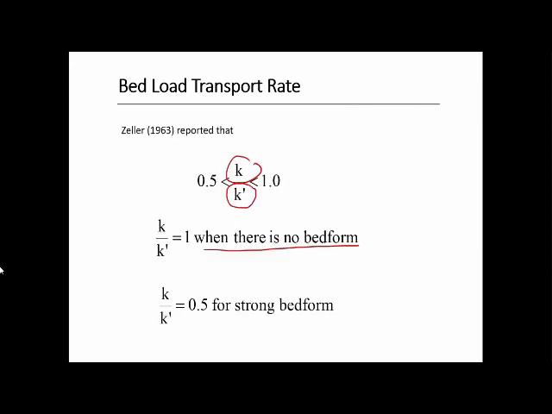Okay, but if the K over K prime is equal to 0.5, then that indicates your river bed is not plain, but it has a bed form. Okay, dia ada bentuk bed form.